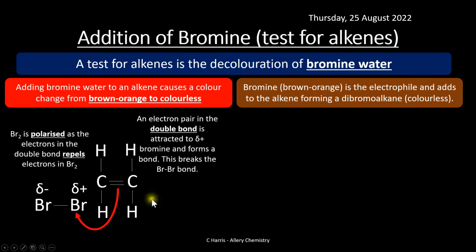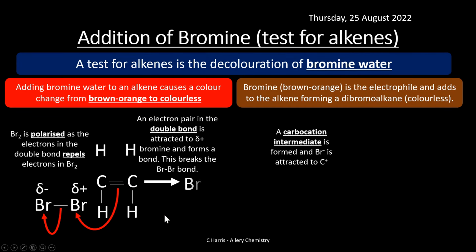So there it is, electrons going from here on towards this delta positive bromine. Now, this is effectively starting to form a bond with bromine, which can only form one bond, so this bond has to break. Because obviously bromine can't have two bonds, it breaks that bond and basically sends it on its way.